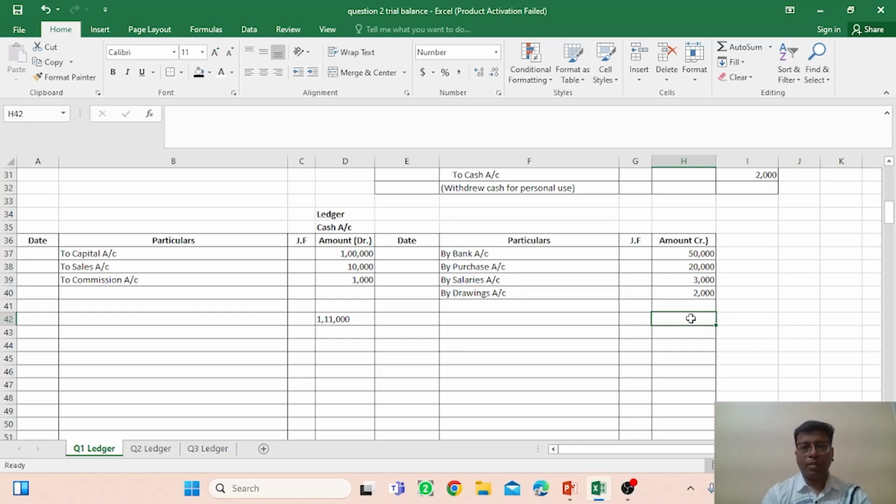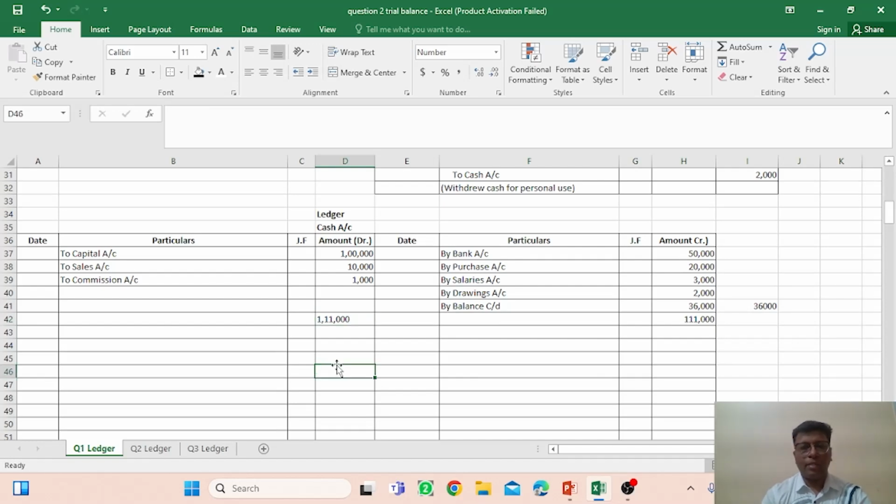So this particular total of the debit side would be the same in the credit side, 1 lakh 11,000, and you just take the calculation that 1 lakh 11,000 minus 75,000, so you find 36,000. So this is the balance, by balance CD, right, rupees 36,000. So this is the total.